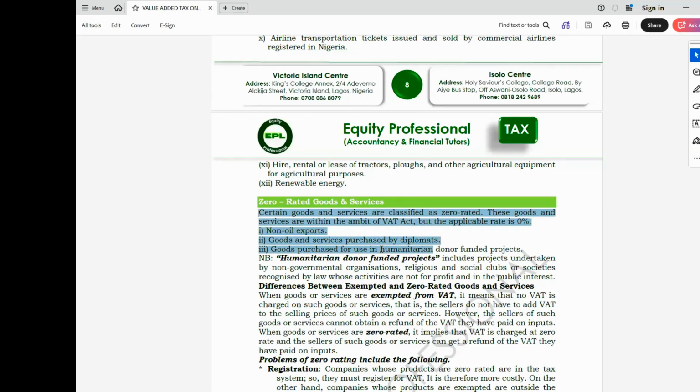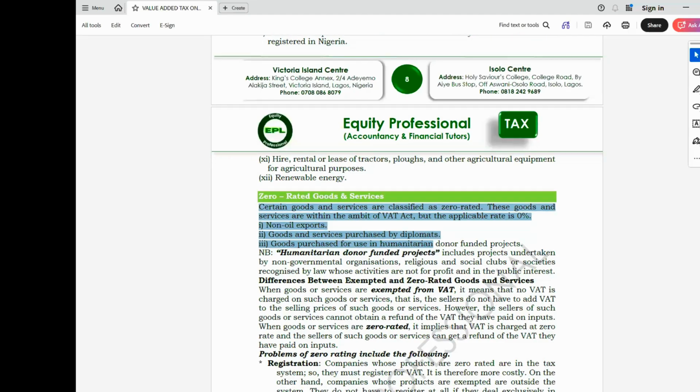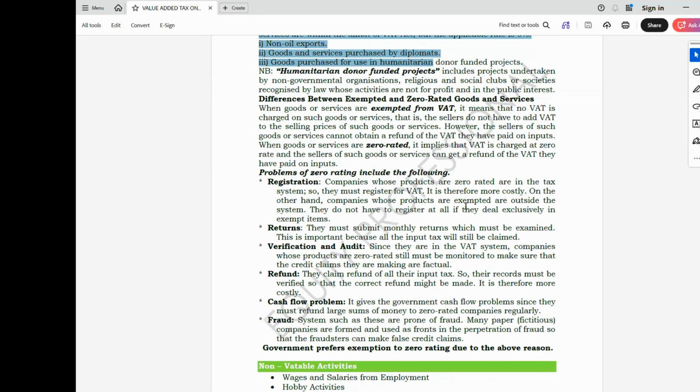So you may also be asked for items that are zero rated. Then we have the difference between zero rated and exempted goods and services. I mentioned earlier that the tax law gave you a right to remove your input VAT from your output VAT.